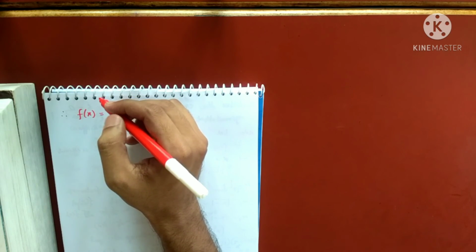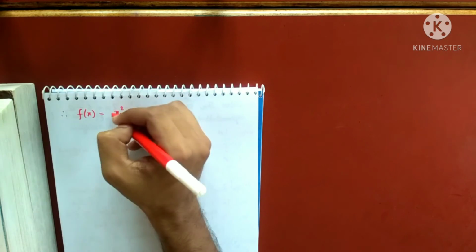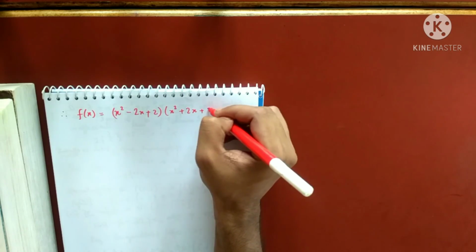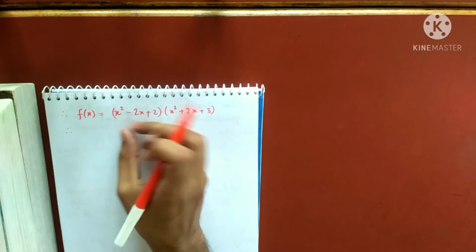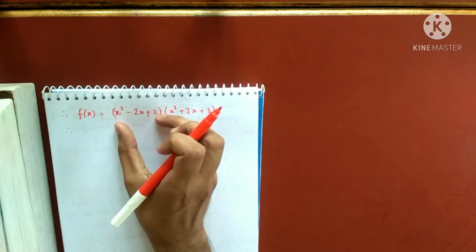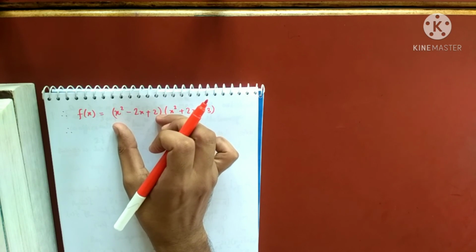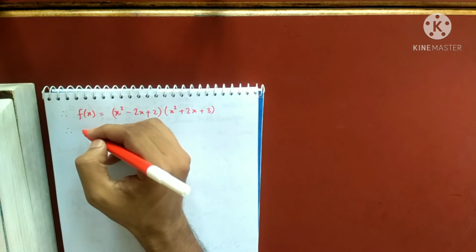The divisor was x square minus 2x plus 2, and the quotient was x square plus 2x plus 3. Therefore, if I equate f(x) to 0, either this equals 0 or this equals 0. If this is equal to 0, I have already calculated two roots, 1 plus i and 1 minus i.